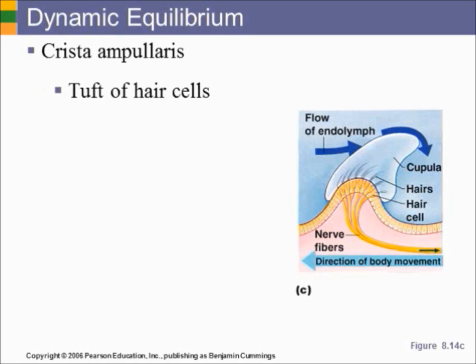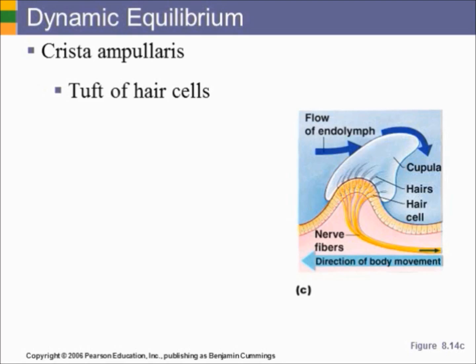Now, remember Newton's law of motion, the law of inertia. Objects at rest tend to remain at rest. Objects in motion tend to stay in motion until acted upon by an outside force. So this endolymph is following Newton's law of inertia. It's kind of sitting still. But as soon as you move your body, the apparent flow of endolymph is in the opposite direction. Really, it's not flowing. It's sitting in one place, but the body's moving.